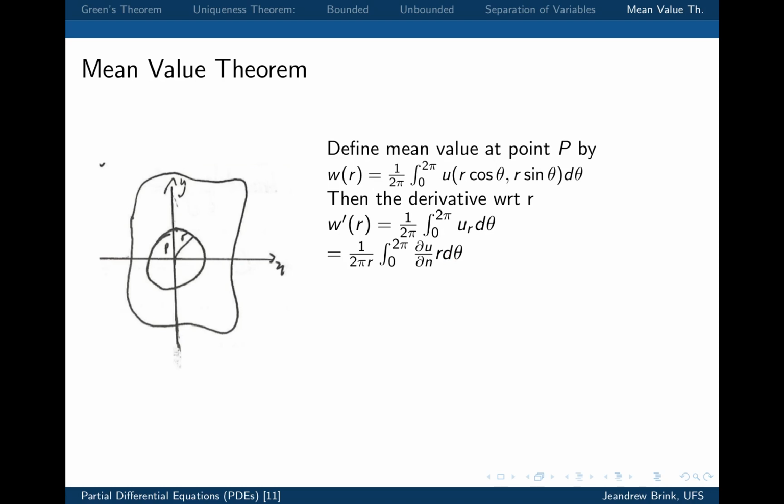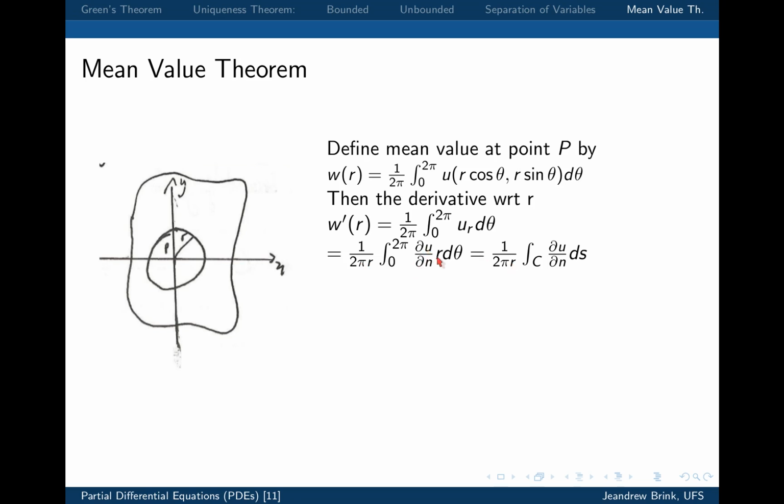So just that U_R I've rewritten as R times d theta times 1 over 2 pi R. So these two R's cancel out, and U_R is just du dn. The reason I did that is I want to get back to Green's theorem, so that I can use it and work out the consequences.